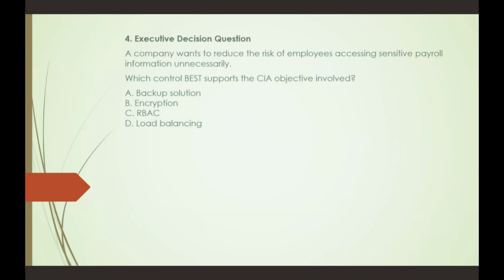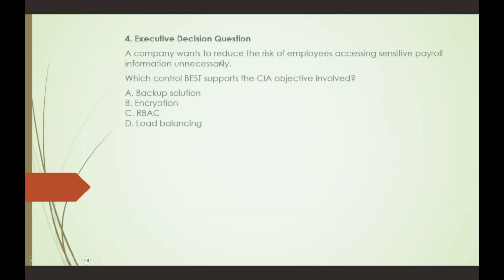Suppose a company wants to reduce the risk of employees accessing sensitive payroll information unnecessarily. Which control best supports the CIA objective involved? I'm making sure that you read the question twice. That's why I'm reading the question again, to make you habituated.